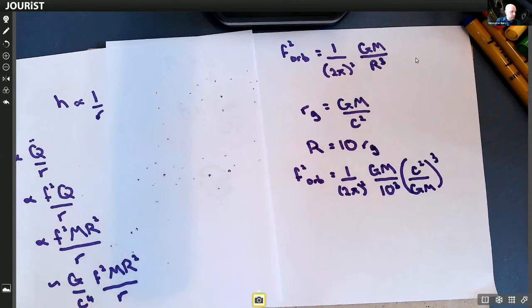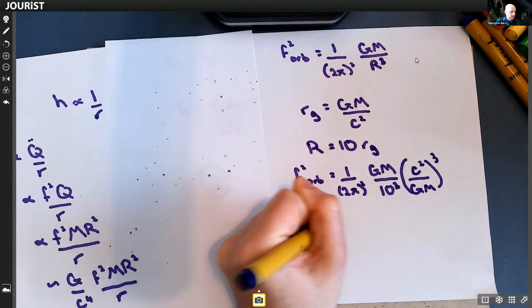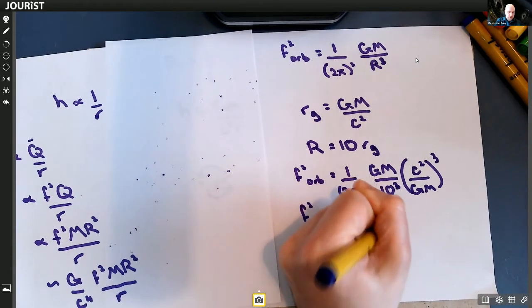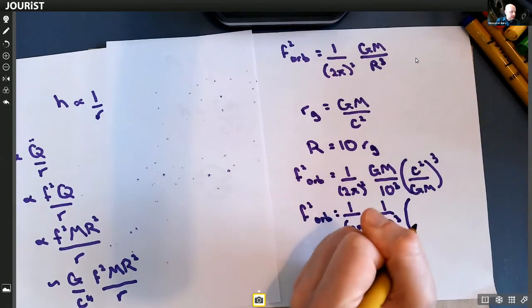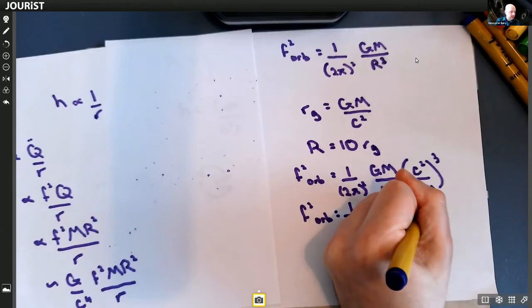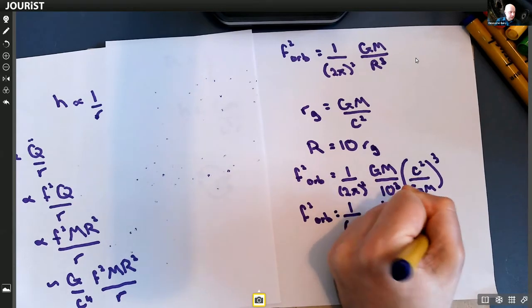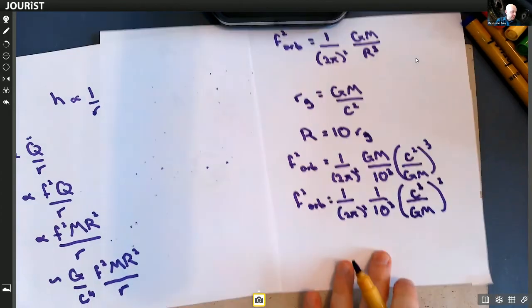So f_orb is going to be something like 1 over 2 pi, times 10 to the power 3 over 2, and we can change this to c cubed over GM.